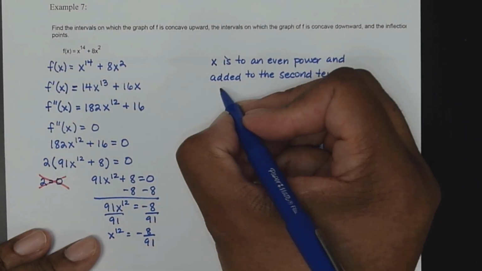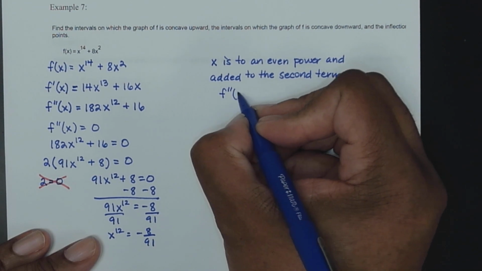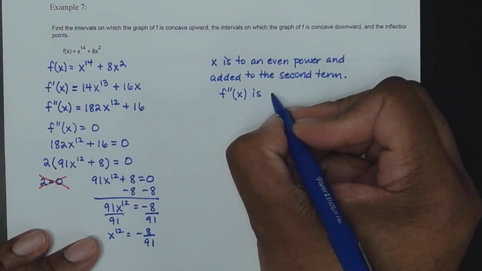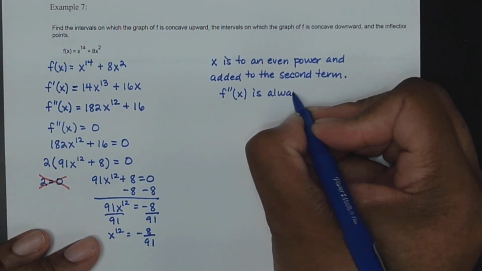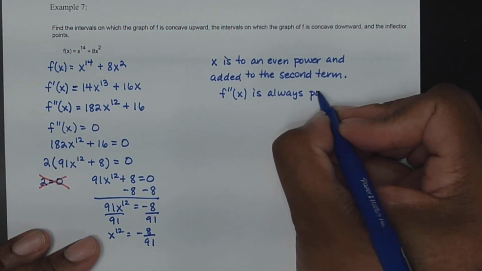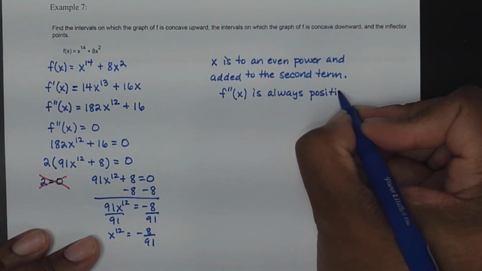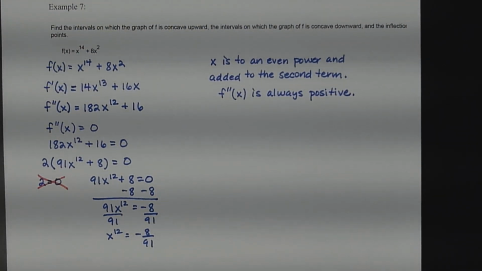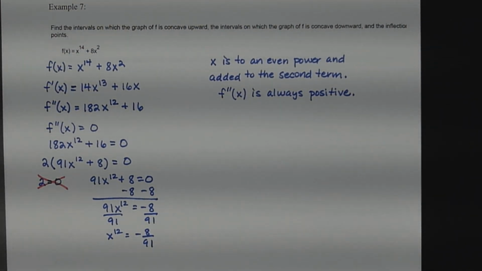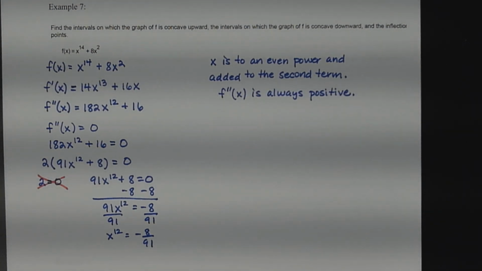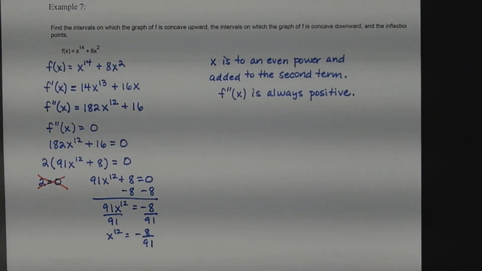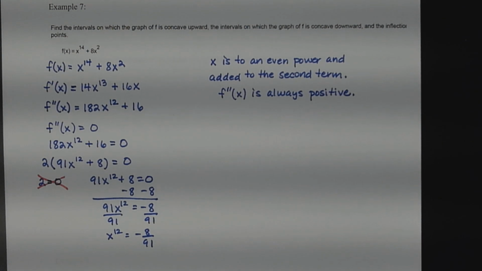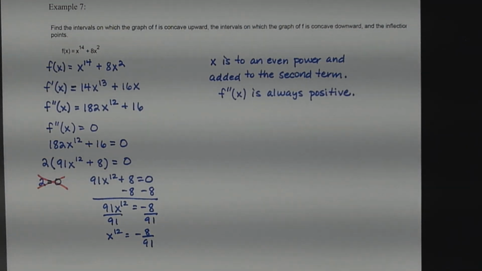So that means f double prime of x is always positive, no matter what x is. x can be negative, but it's to an even power. That's going to change it to a positive, and then you're going to add 16 to it. So that second derivative will always be positive.